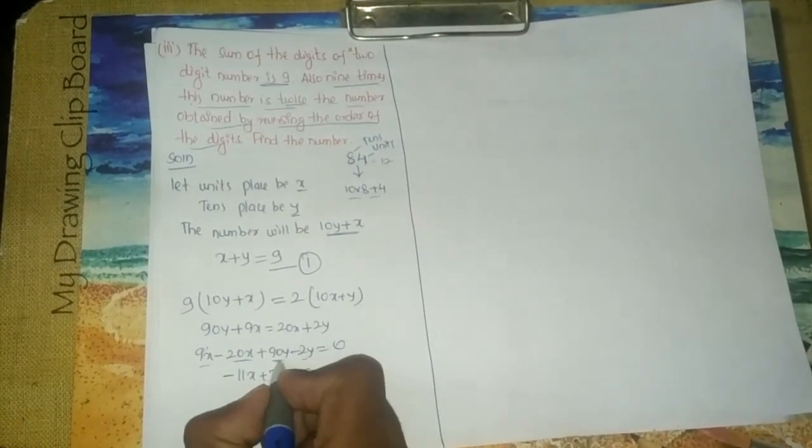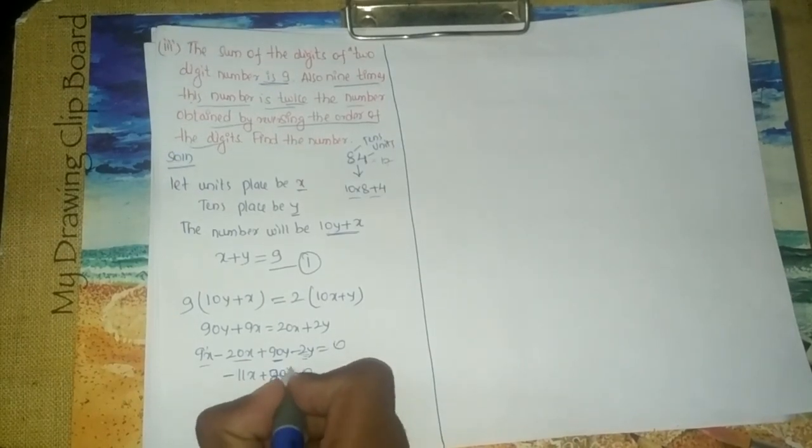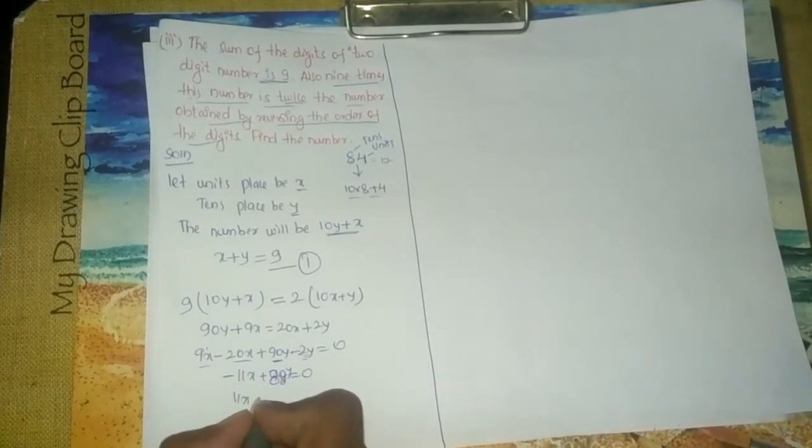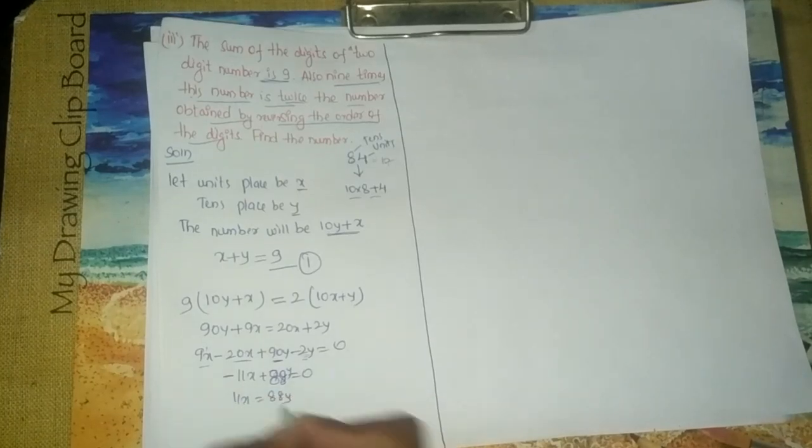Sorry, this is 90 minus 2, it will be 88y. So 11x is equal to 88y.